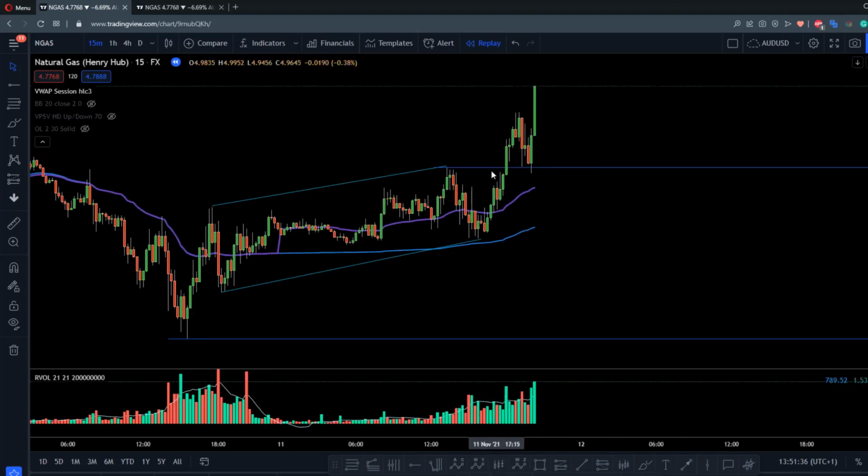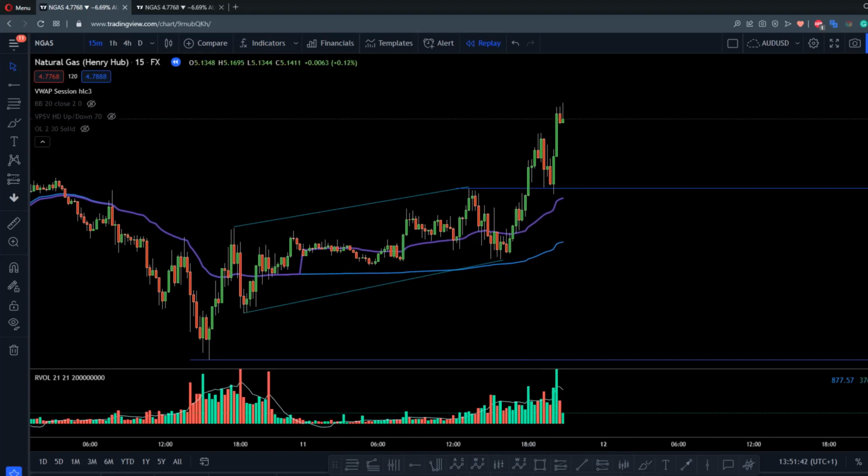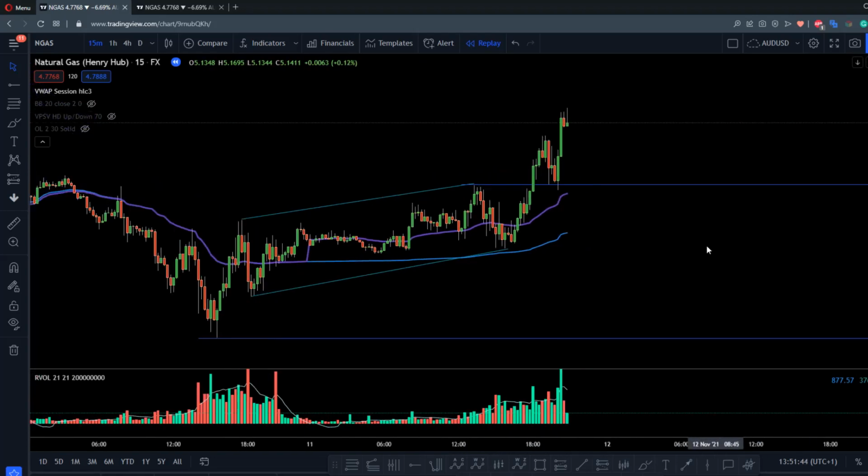Came down, retest. Got a retest here. Look at that sharp pullback. This is also quite important to notice how it pulled back into this previous high. Gave you another chance to enter.